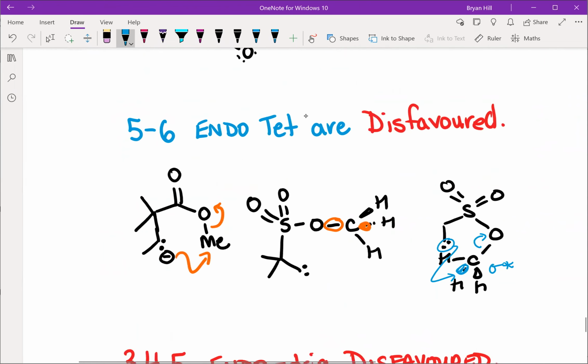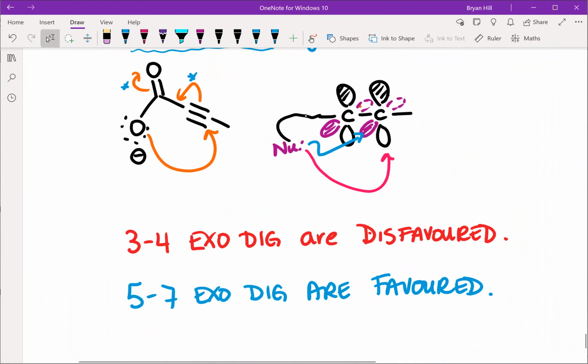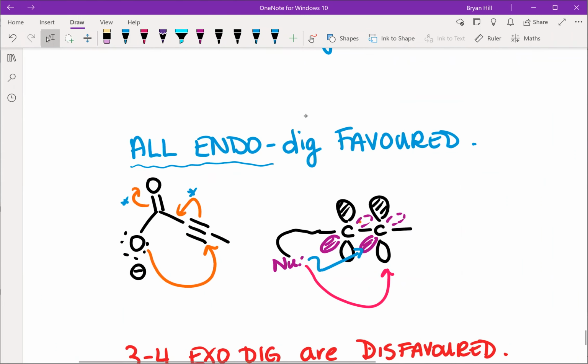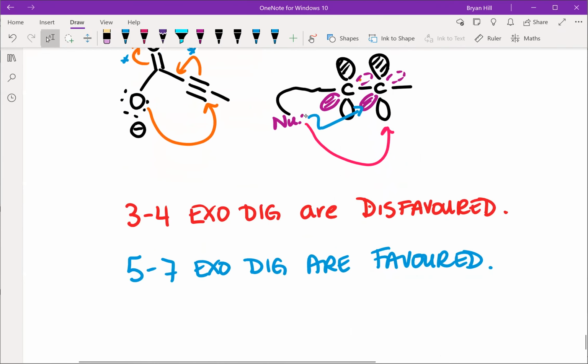Remembering which ones are favored and disfavored can sometimes be excess information in your brain, which is hard to remember. But some of them will become second nature in a while, because we'll see them over and over and over again.